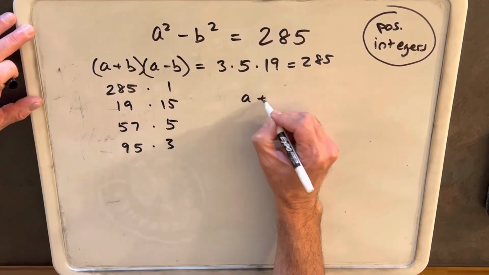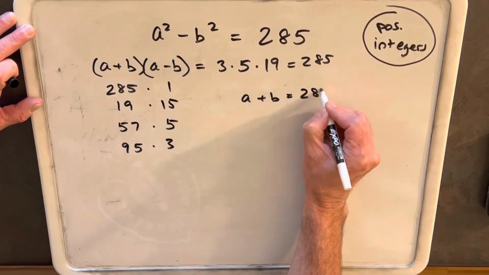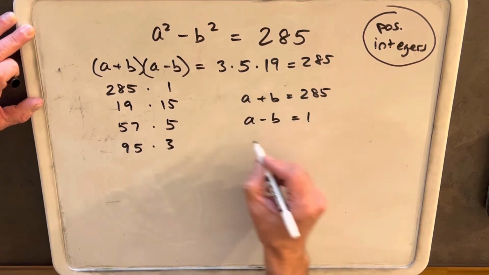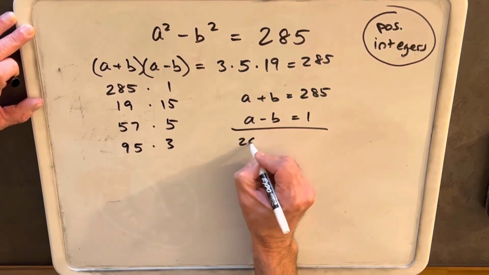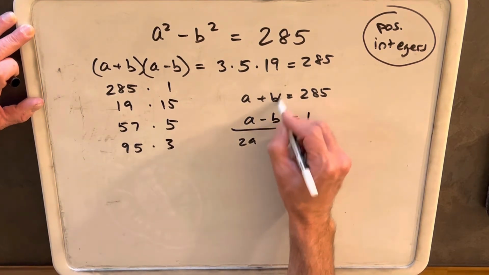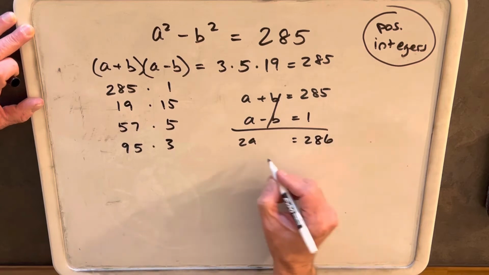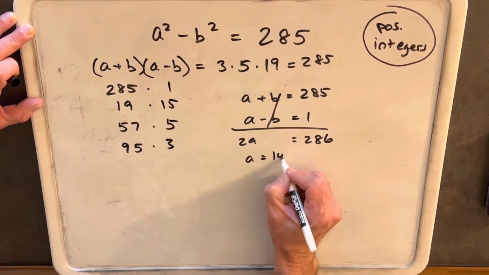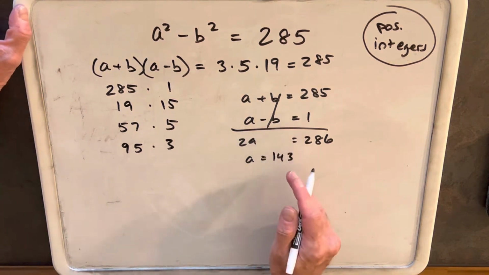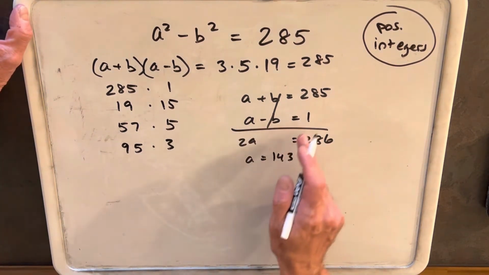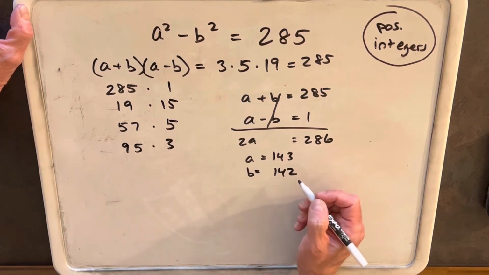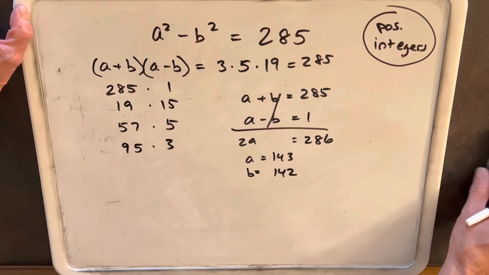We can just add these 2 equations together. 2a equals 286, since the b's cancel, so a must be 143. And if we look at a minus b to get 1, b must be 142. Okay, so that's going to be one solution.